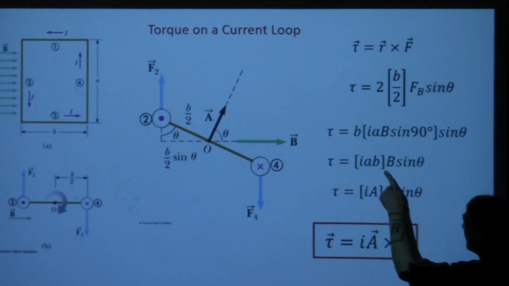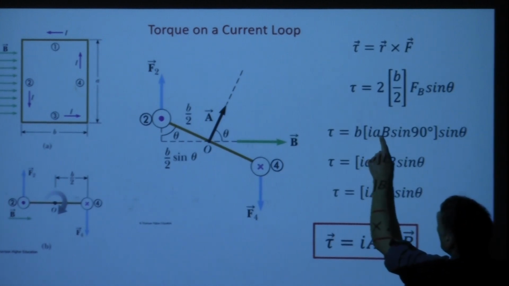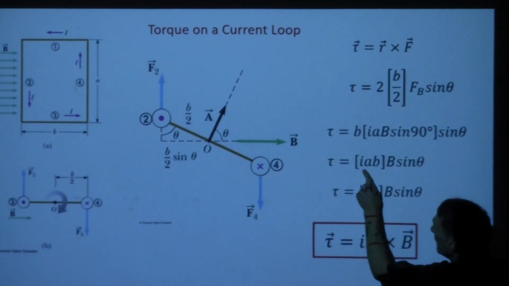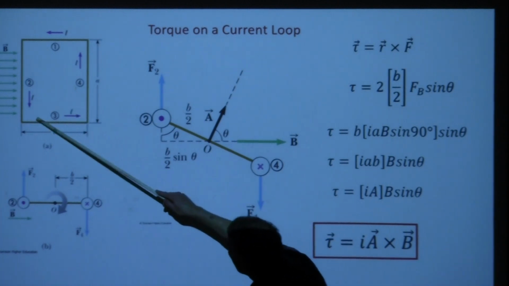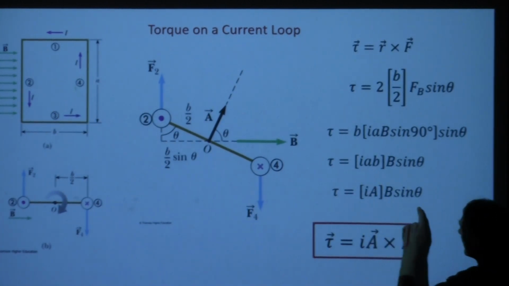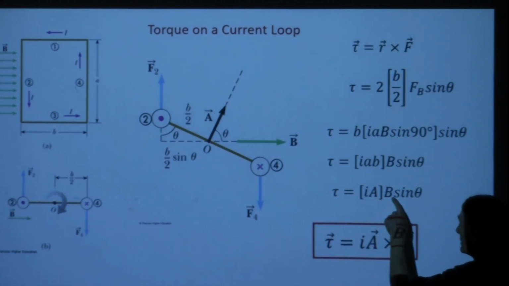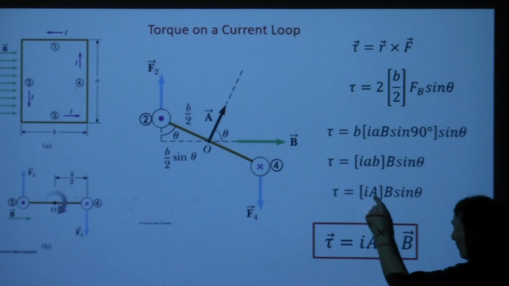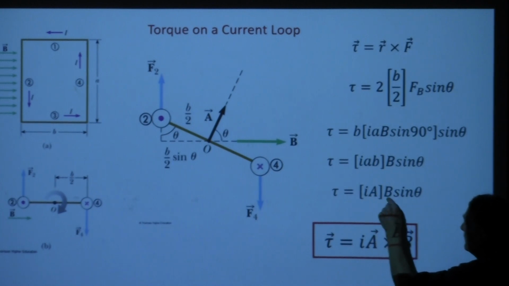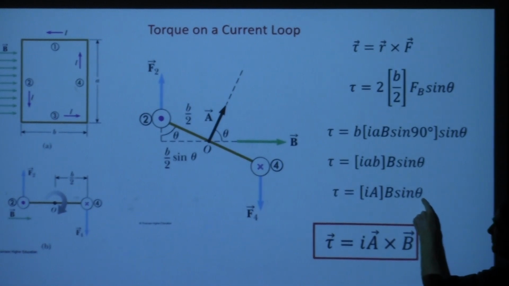The net torque on this thing is going to have an A times B, and A times B is going to be the area of that loop. So we can write the torque as IA times the magnetic field, A being the area of the loop, B the magnetic field, times the sine of the angle between them.